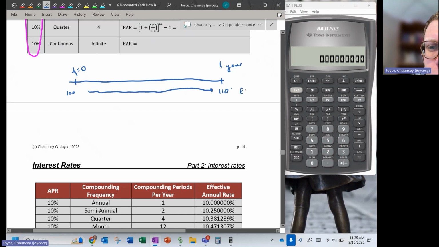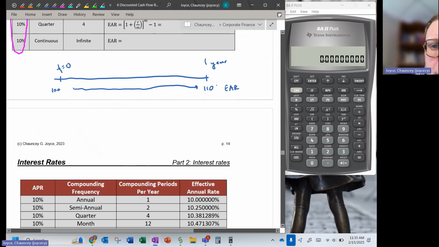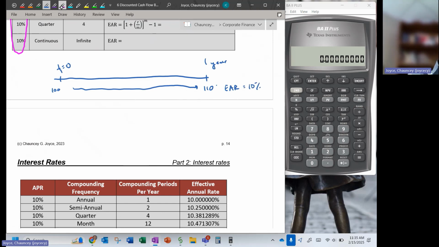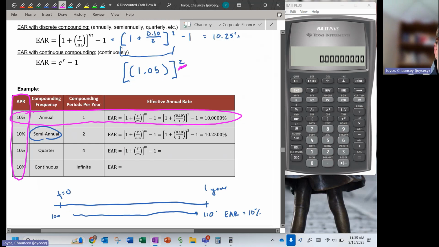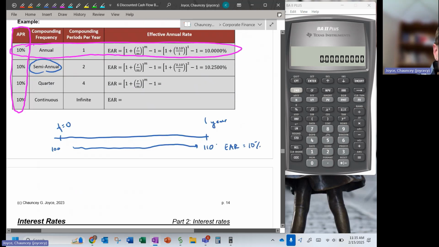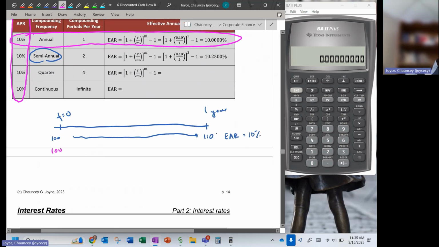So your effective annual rate will imply, if you invested 100 and now you're left with 110, your effective annual rate is 10%. But if you get to compound, which we saw here, you're going to compound twice, 2 compoundings at 1/2 of the rate, 10 over 2. You're going to essentially start with 100, and then in 6 months, you're going to stack some interest at 105. And then 6 months later, you will have 110.25.